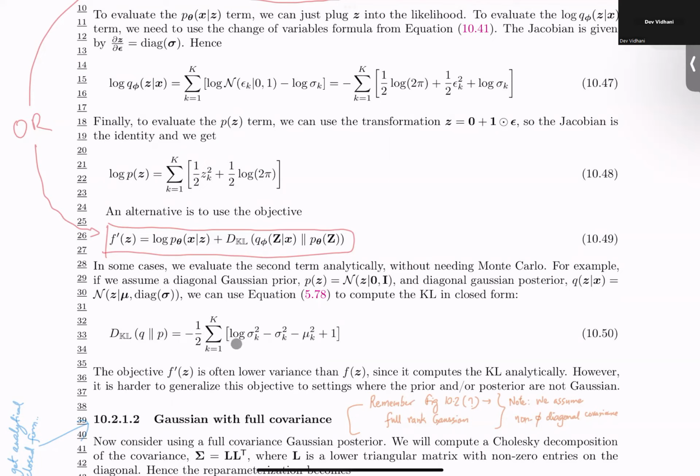So for the diagonal Gaussian estimate for your Z's, when I say diagonal, what I mean is that all of the sigmas are independent, so the Z's are independent of each other.